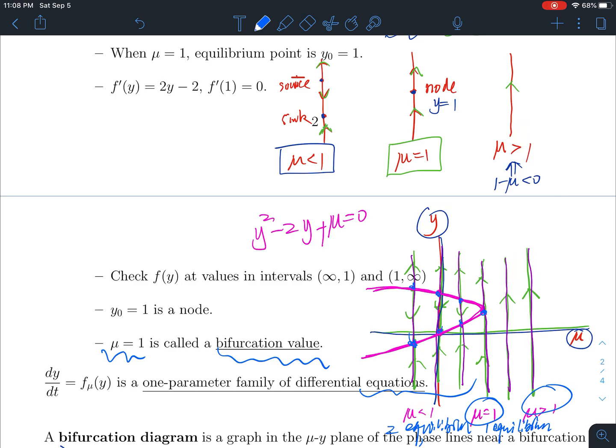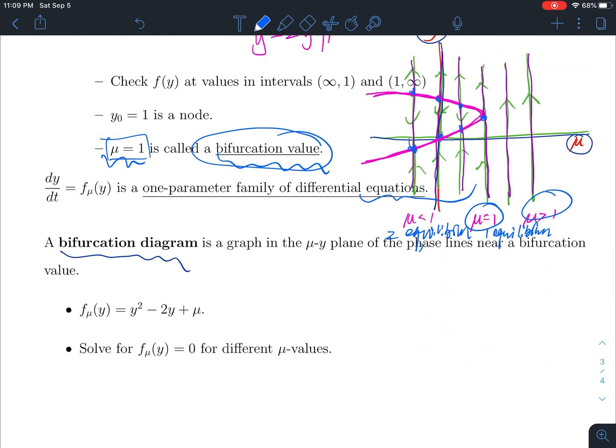There are other scenarios. You might have the same number of equilibria, but the type of equilibrium can change, for example from source to sink or to another type. Those values, when either the number of equilibria or the property of the equilibrium changes dramatically, are called bifurcation values. A bifurcation value is a value of a parameter, and it concerns the number or the type of equilibrium.